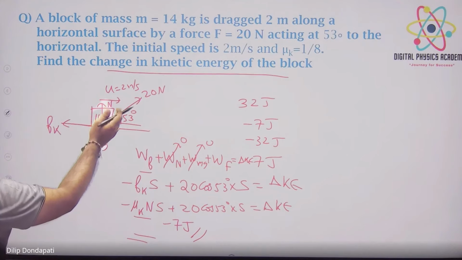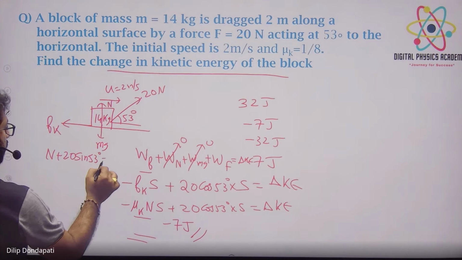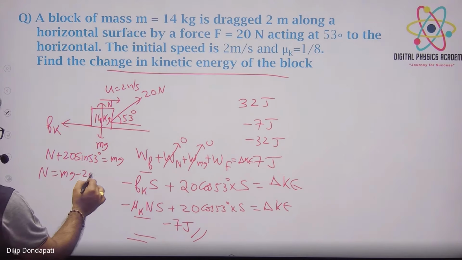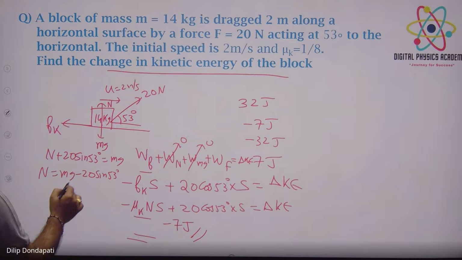Sir, what is normal? Normal action, you take the component, 120 newtons, I think. n plus 20 sin 53 is equal to mg. So n is equal to mg minus 20 sin 53. Sir, how much will that be? Calculate करो. M is 14, sir, 140. 120 only.